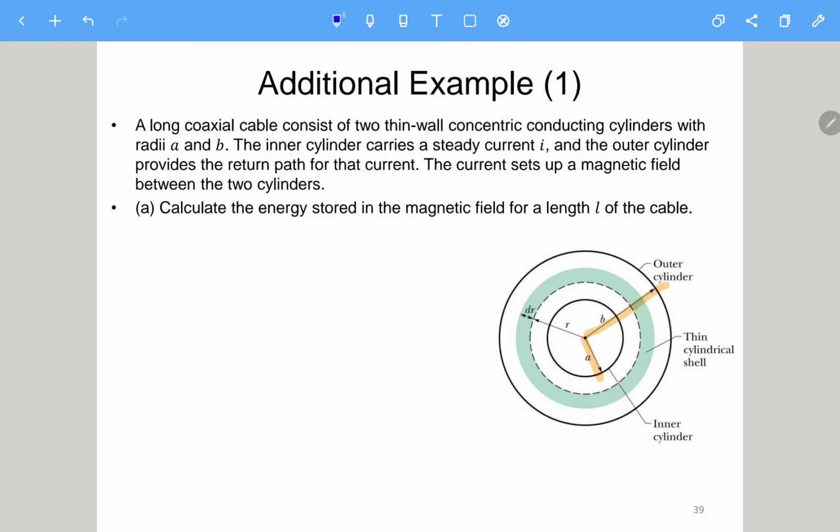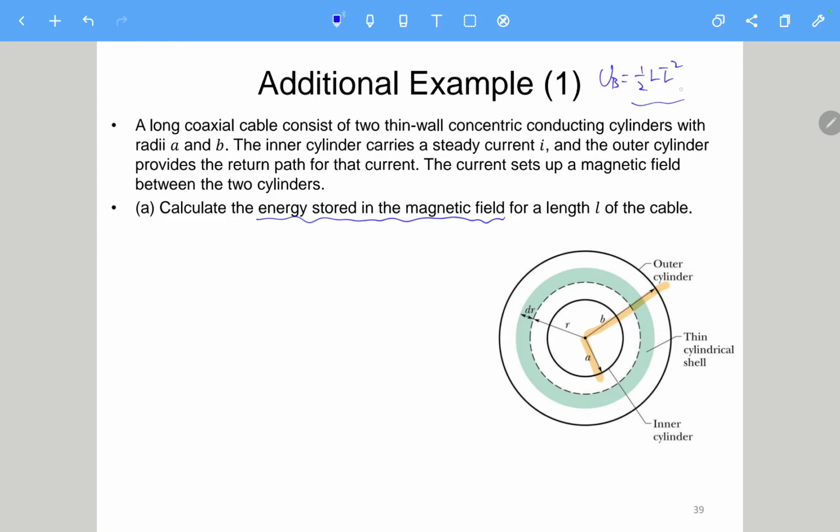Okay, so here we should try to calculate the energy stored in the magnetic field. But here what we don't know is that we don't have a uniform energy density because the B field is not uniform. So here we try to derive the B field first, because we keep in mind that U_B is something like 1/2 L i squared.